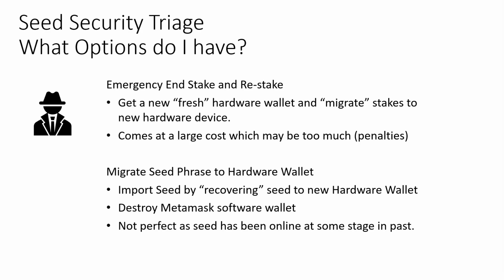Now, it's not perfect, as the seed and the vault have been on your computer at some stage, but hey, better to catch that now and fix it as early as we can, and migrate that across to a little bit more secure environment, which we then can leave those stakes we've got there running, and any new stakes we do, we can set up using the hardware wallet and restake in a slightly different way.